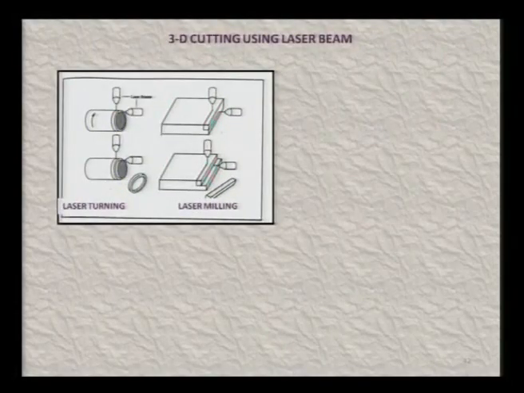Some of the 3D cutting I have already shown to you. There are some other applications of 3D cutting in turning operations, as you can clearly see on the left hand side. You can perform the turning operation using 2 laser beams and get reasonably good results, and in the same way you can perform the milling operation, again using 2 beams, beam A and beam B, as shown in the figure.